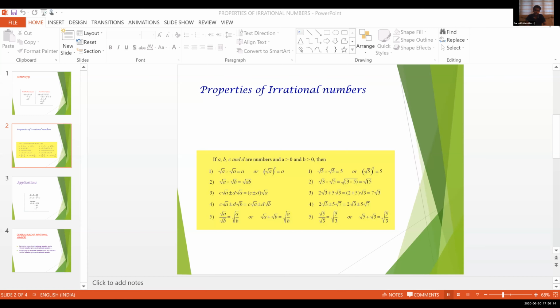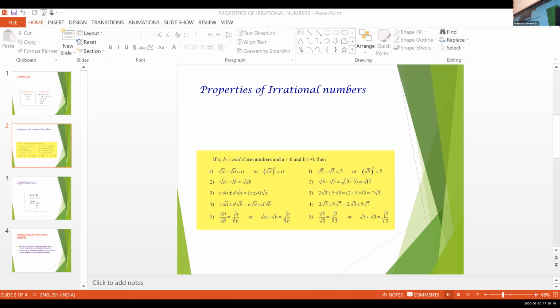Now look at the third rule: c root A plus or minus d root A. When you see the example, you will understand. 2 root 3 plus 5 root 3.